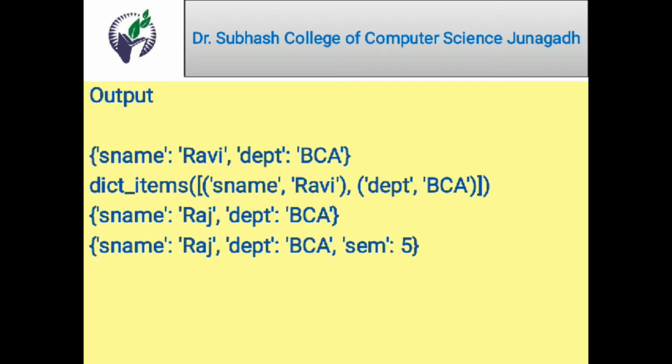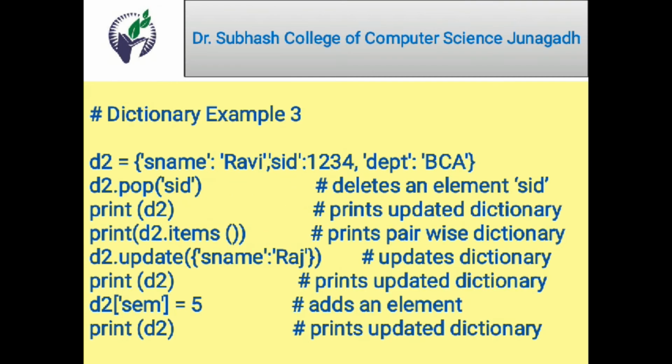So in this example we have seen how to remove any particular key value pair or item from a dictionary, and how to update a particular key value pair. Whatever key we give, it will assign a new value. If I write here DPT department and change from BCA to BBA, it will change DPT.